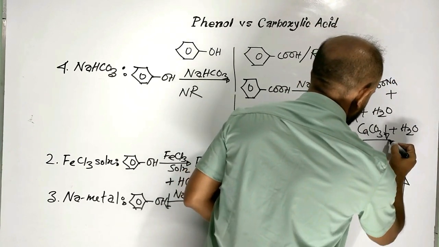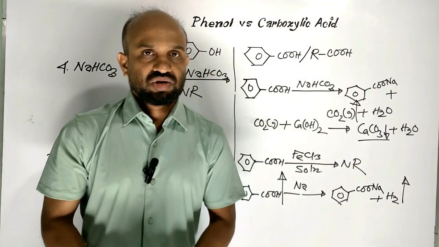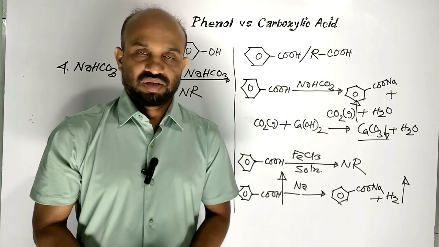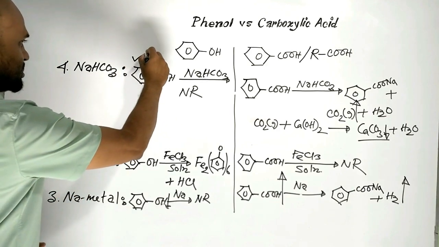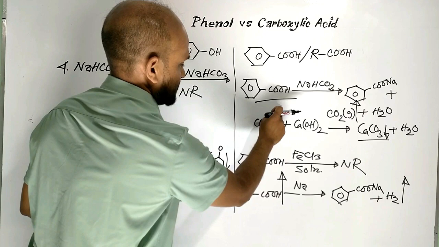Through the formation of insoluble calcium carbonate, transparent solution of calcium hydroxide turns into milky. This is the reaction by which carboxylic acid is identified.